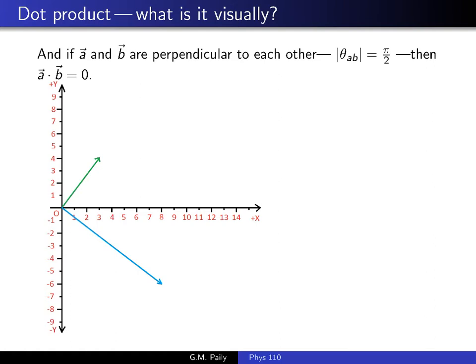And if the two vectors are perpendicular to each other, then the projection is 0. We can see that in this case, there is a right angle between the two vectors. If I try to project the green vector onto the blue vector, I see that there is in fact no projection, no shadow, except for a dot.